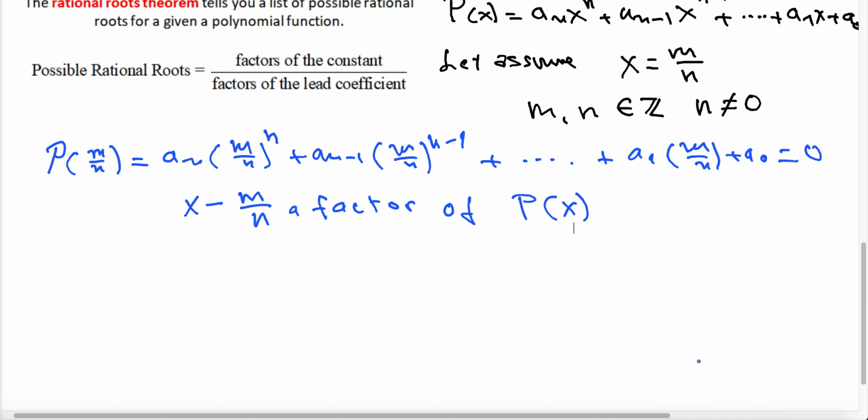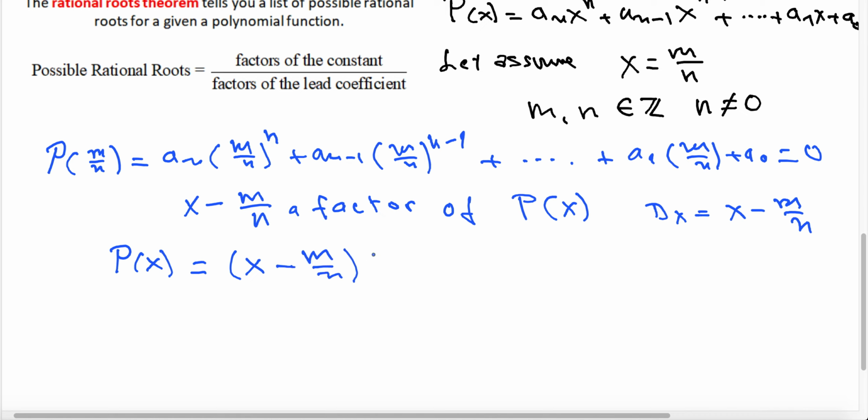And now, since this is a factor, if we write it according to the remainder theorem, we already know the polynomial function when the divisor d of x is equal to x minus m divided by n. This is going to be a factor, and we can write the polynomial function in the form of the factors: x minus m divided by n times the quotient q of x.